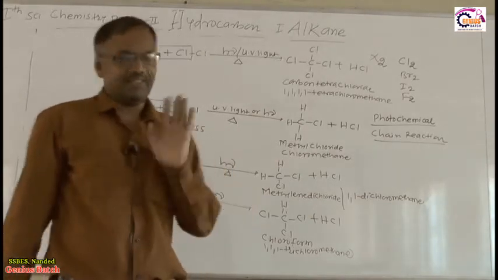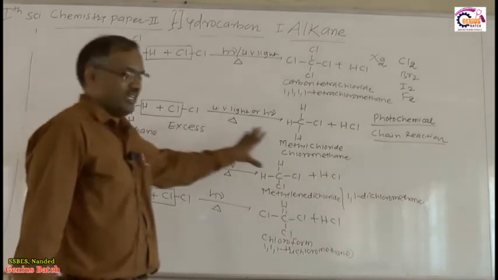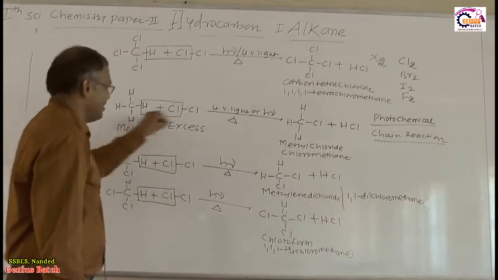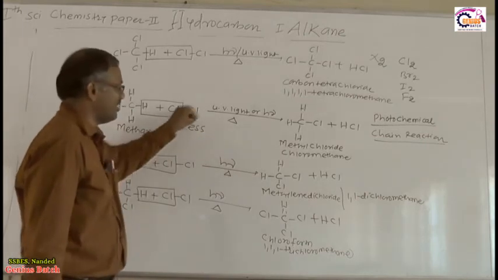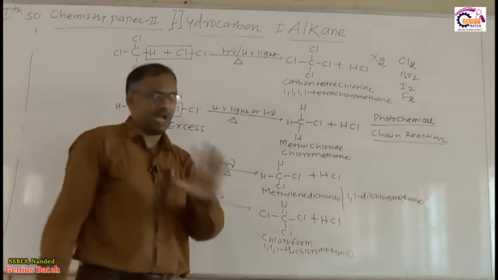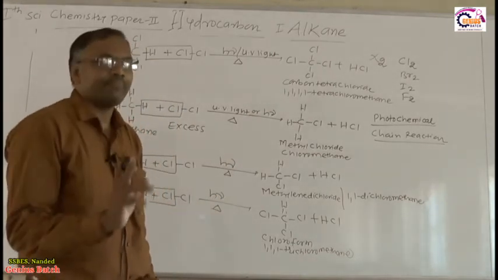That we will see. So this is the first way to carry out the chlorination. Keep in mind, when methane is heated with excess chlorine in the presence of UV light, a mixture of 4 products is produced. This you have to keep in mind.